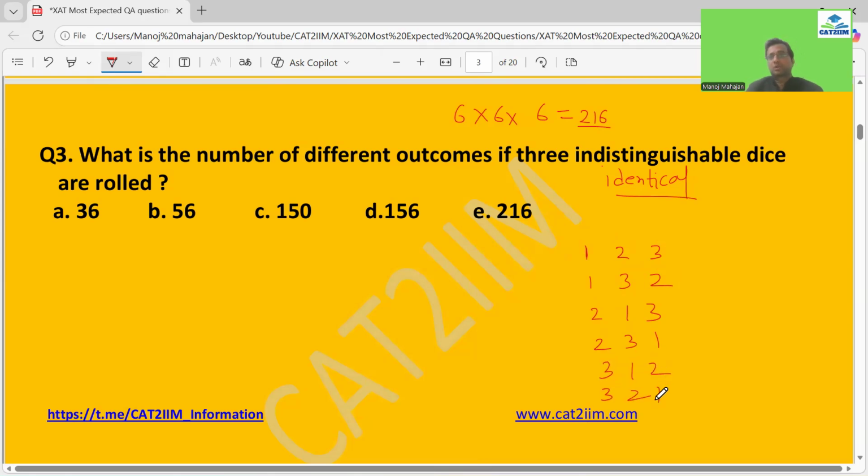So all these cases would be counted in this 216. But when we are making it identical, all these 6 cases would be just counted once. So that is the difference between the distinct dice and the identical dice over here. So that made the question a bit challenging.